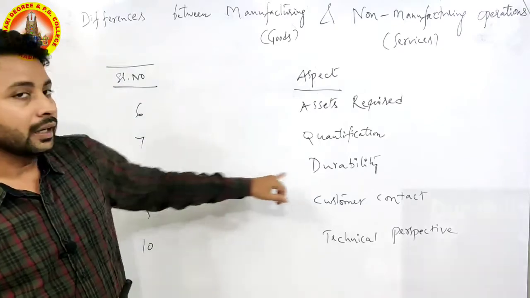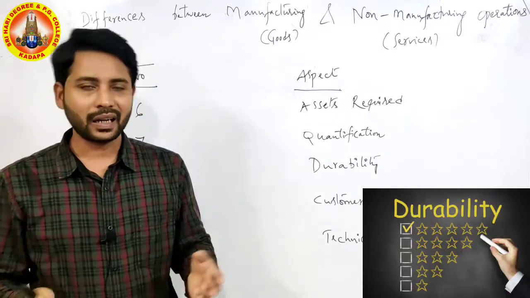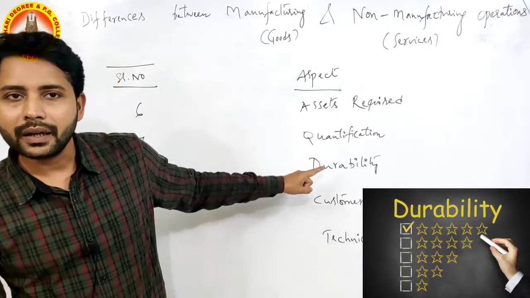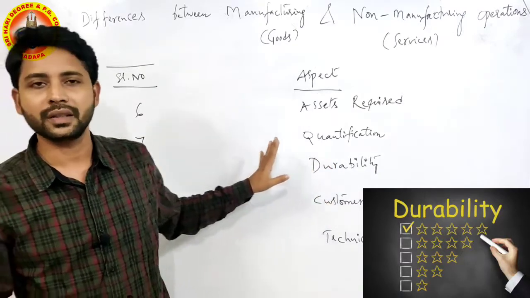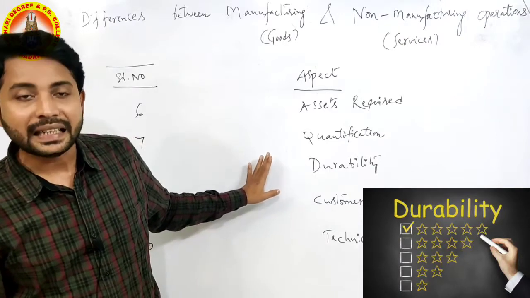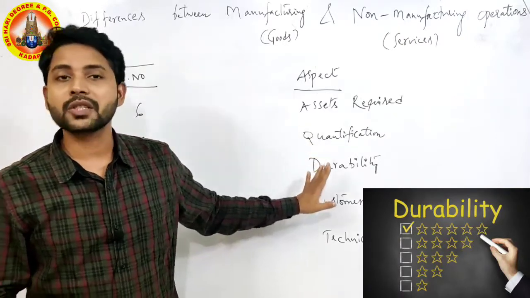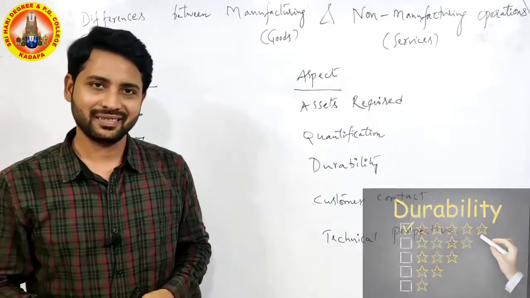Then next is durability. Durability means, as you know, long life. It is a common feature of goods and commodities. But durability is not possible with services, because services are not durable in nature.